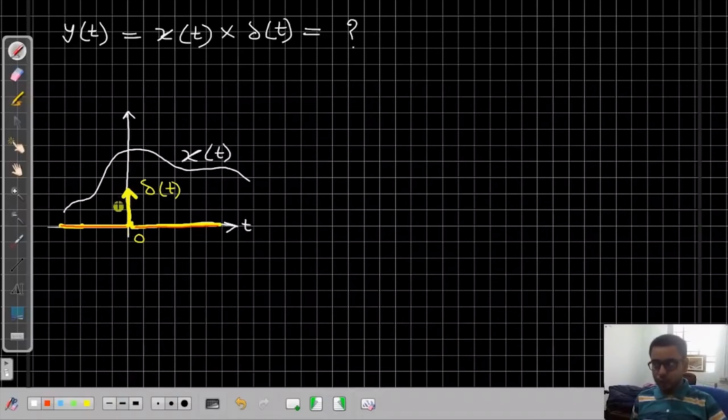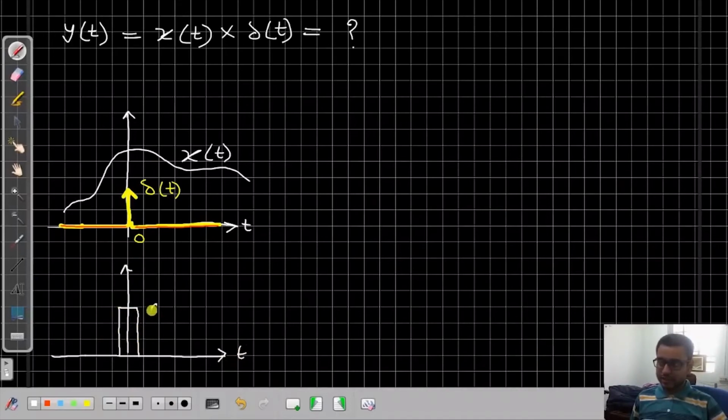Let me zoom into this part. If I zoom in, then I shall see a very tall signal delta(t), very narrow.